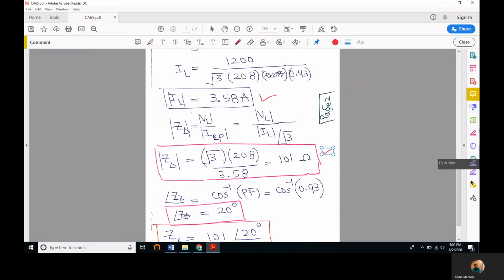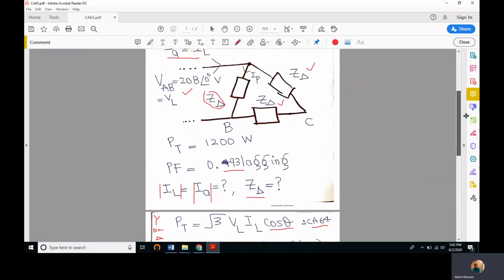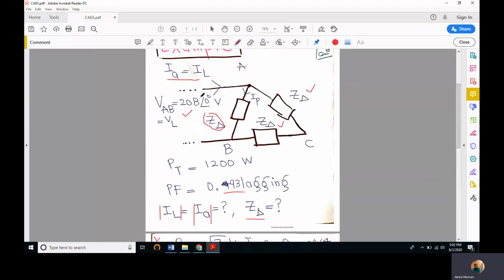What should be the angle of this Z delta? The angle of Z delta is the inverse cosine of the power factor. Why? Because the inverse cosine of the power factor gives us theta V minus theta I, and we know that theta V is 0, it's given to be at an angle of 0.